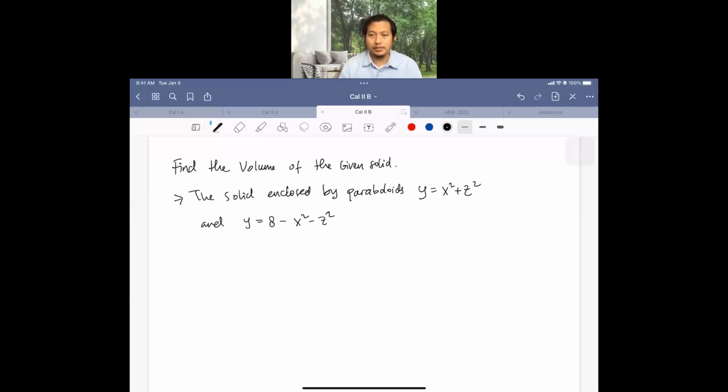You could try for a few minutes. Give you maybe 2 minutes, 3 minutes. Before you start, you could look at these two paraboloids. They are exactly similar, but the other one is the opposite, right?